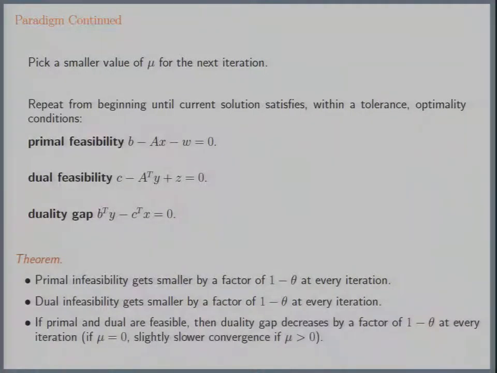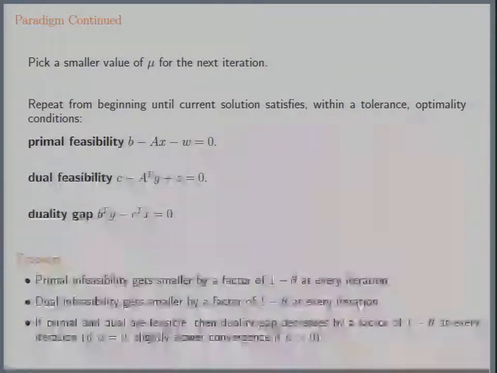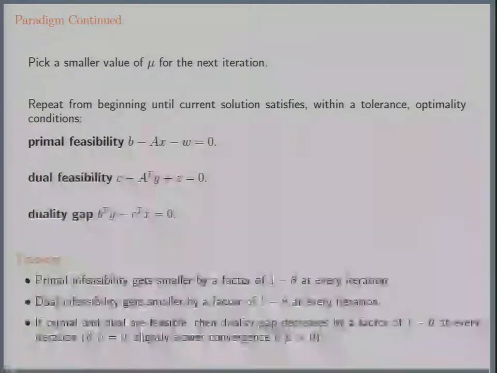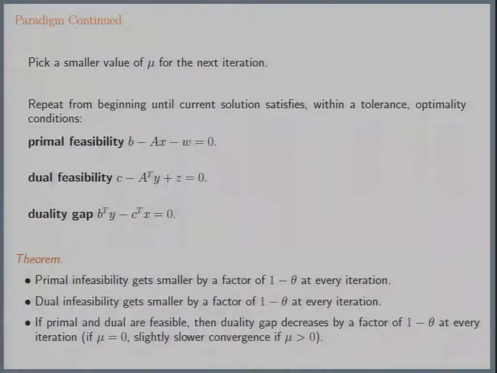Okay, so there's a theorem which I'm not going to prove, but let me at least state it to give you a flavor of how this all goes. If you do the algorithm I just laid out, which is quite simple, it's actually an easy homework problem to show that the primal infeasibility goes down by a factor of 1 minus theta at every iteration. And the dual infeasibility goes down by the same factor at every iteration.